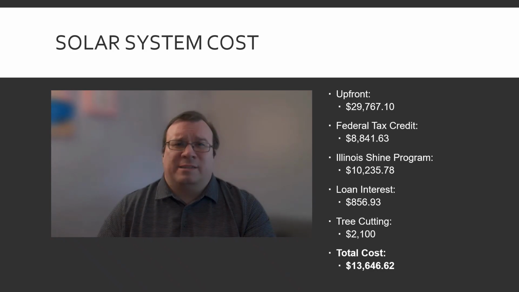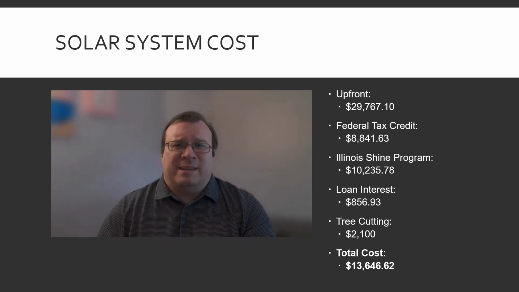So what did the system cost the homeowner? Upfront, $29,767.10. The homeowner got back $8,841.63 as federal tax credit. The homeowner also got back $10,235.78 from the Illinois Shine program.